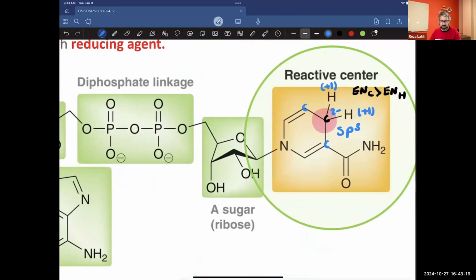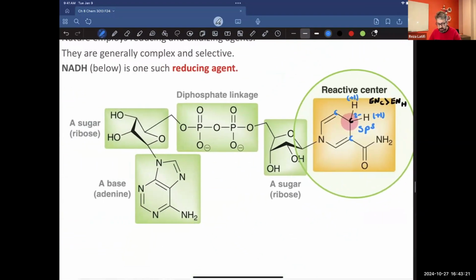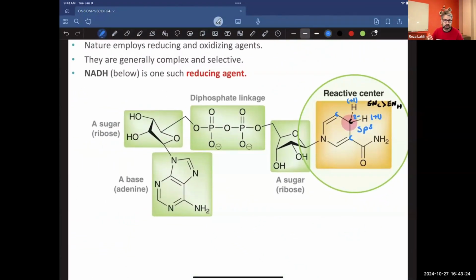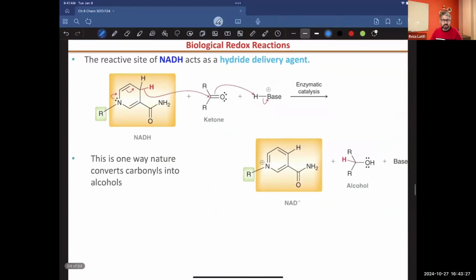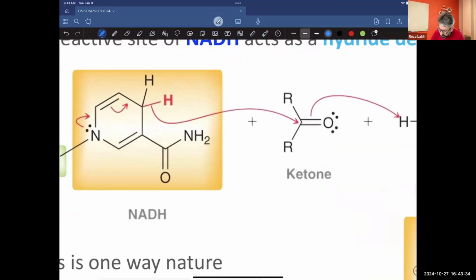Let's follow that carbon and see what will happen to it over time while we are running chemical reactions. NADH, we said, is a good reducing agent. Why? Because it can give this hydrogen to any species that is looking for electrons. If we take that hydrogen with 2 electrons, that's going to be hydride.